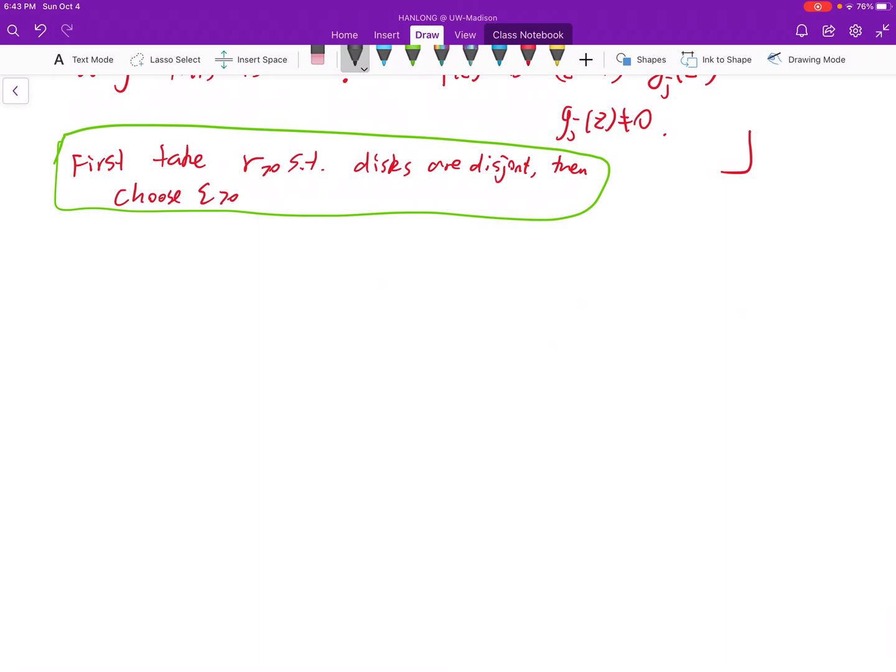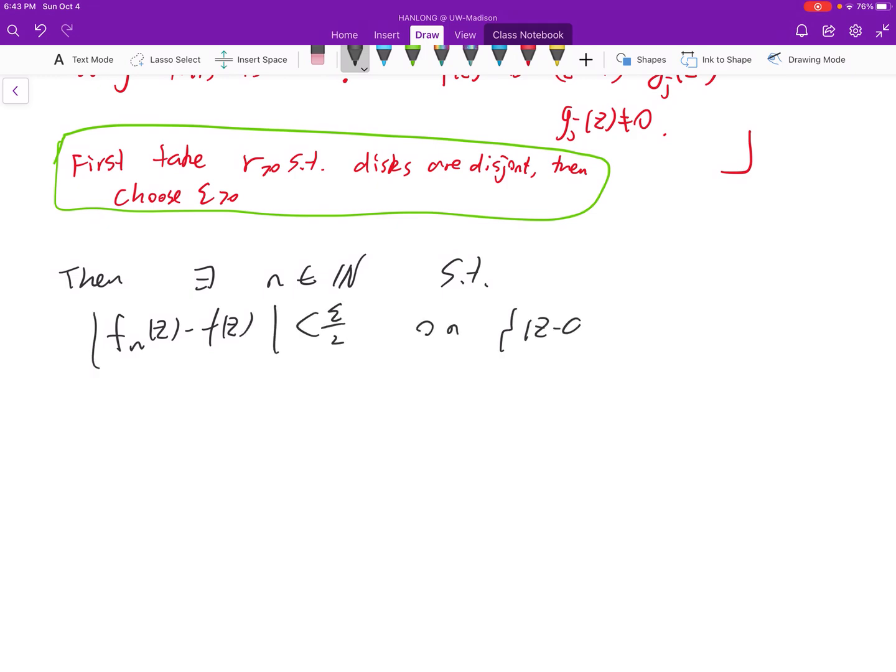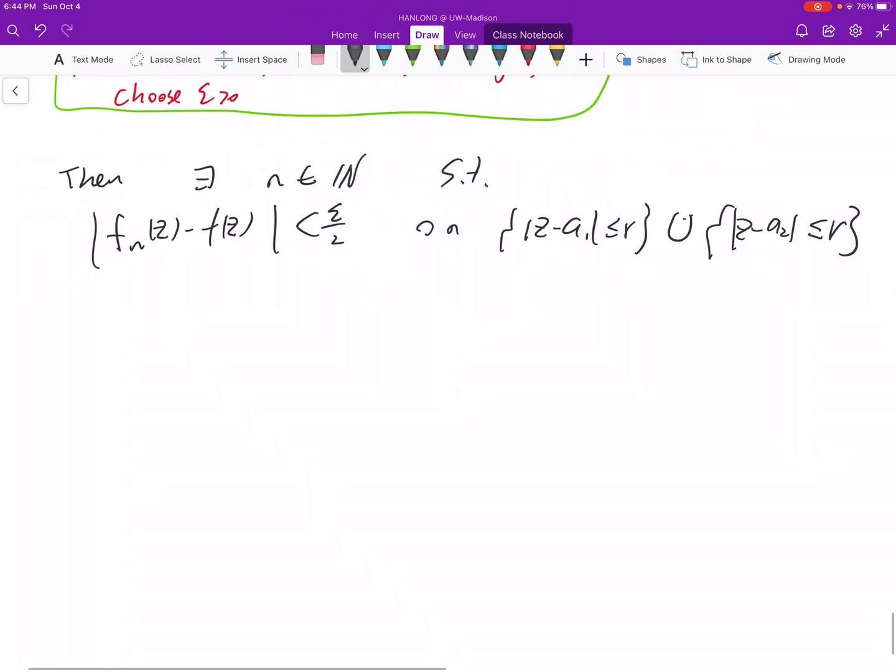And then there exists a positive integer n such that |fn(z) minus f(z)| is less than epsilon over 2 on |z minus a1| less than or equal to r union |z minus a2| less than or equal to r. This is because we assume that fn goes to f uniformly.